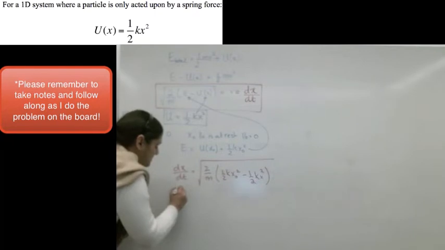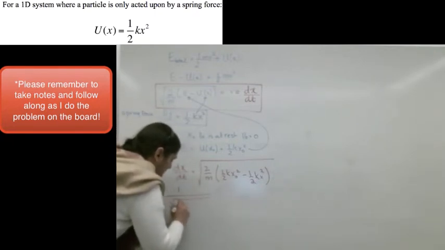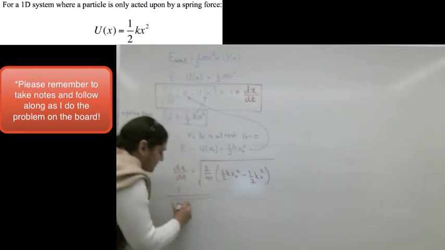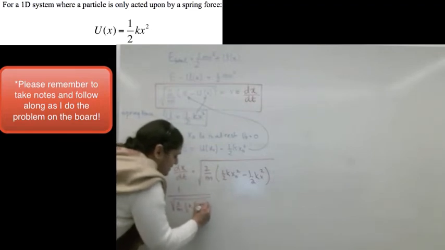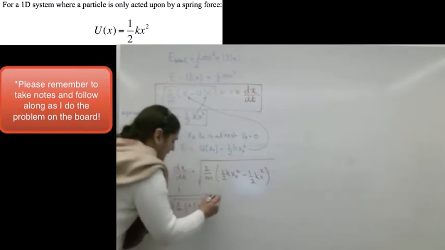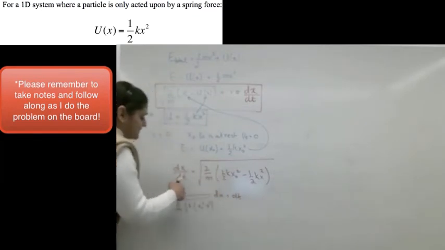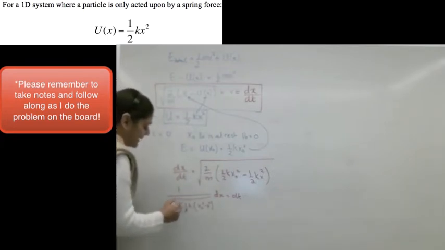So what I need to do is do 1 over the square root of 2 over m. And while I'm at it, I might as well take these things common out, right? Half k can be taken common out, x naught squared minus x squared. dx equals dt. So I've just rearranged this, so dt goes on that side, that one comes on this side. Half goes away.